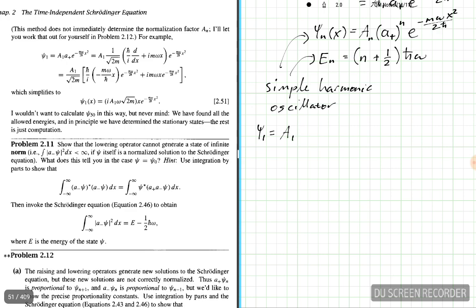You just do psi 1 equals A1 a plus e to the negative m omega x squared over 2 h bar. And then we can just write out what a plus is. So we got that i over h bar d/dx plus i m omega x, all acting on this guy.